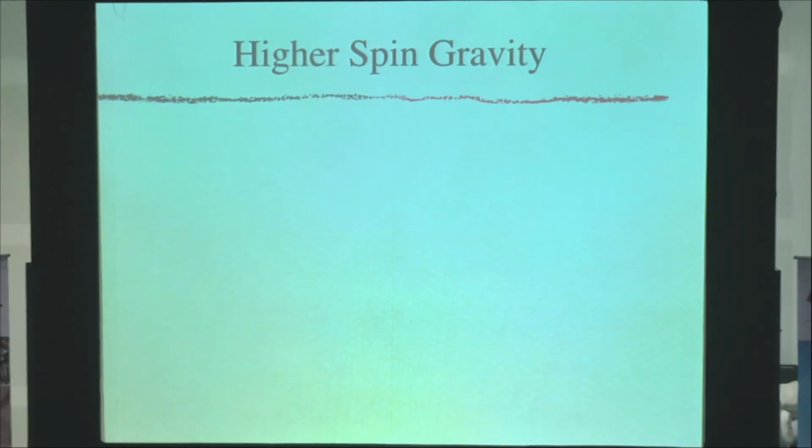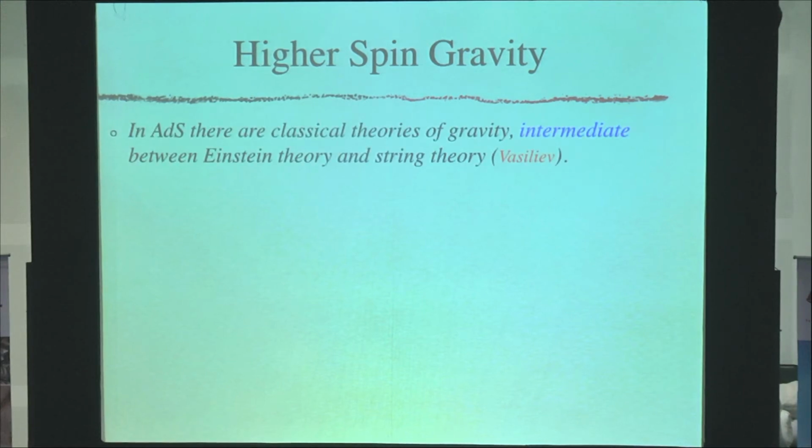I mentioned that it's not Einstein type gravity. The theory of gravity that enters here is a somewhat unfamiliar one, even to many theoretical physicists. In anti-de Sitter space, it turns out that there are certain, at least classical, theories of gravity which are intermediate in complexity between Einstein theory and string theory.